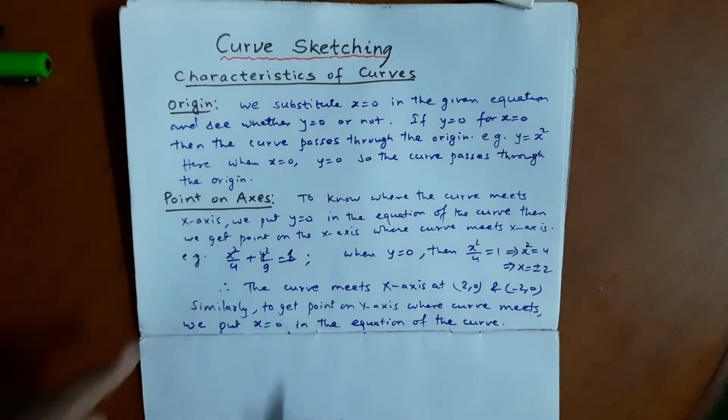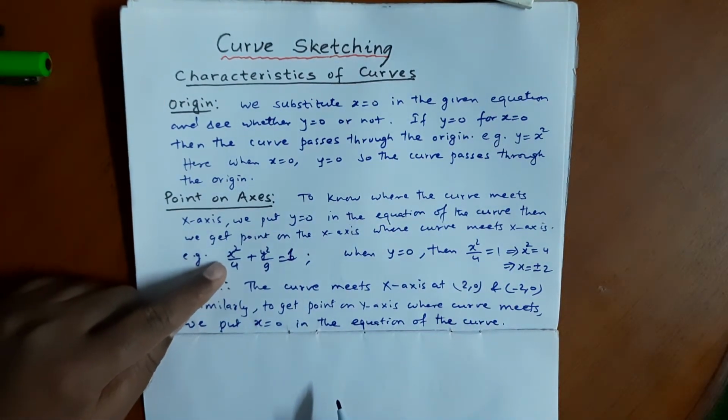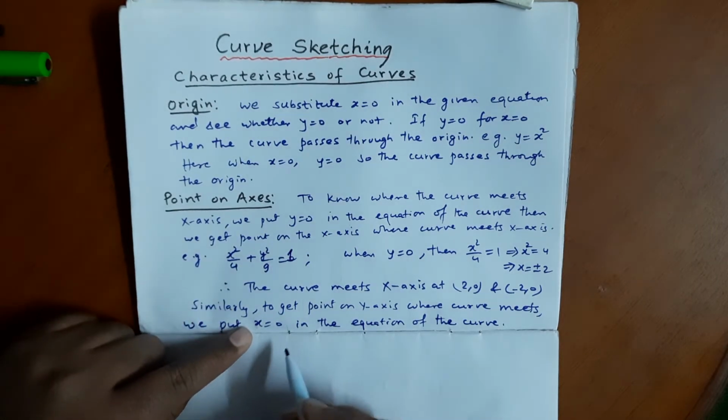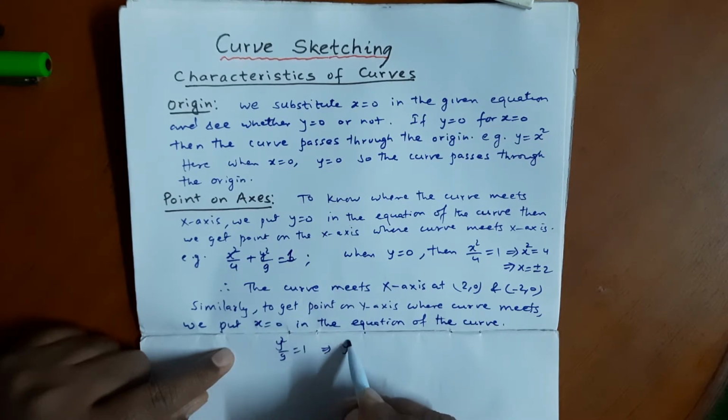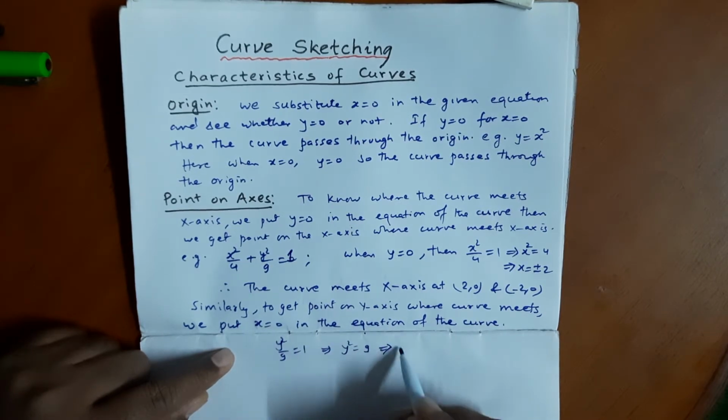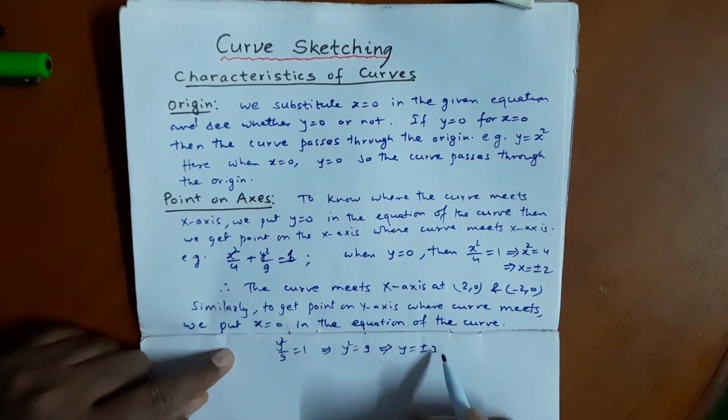So in the same equation, when we put x equals 0, we get y square over 9 equals 1. This implies y square equals 9. This implies y equals plus minus 3.